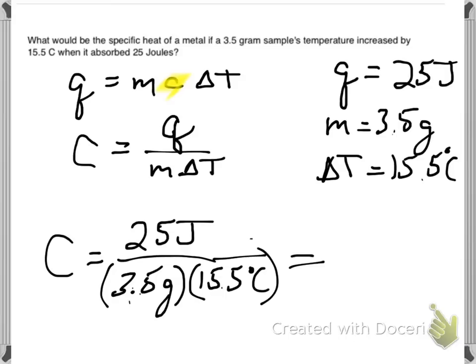And the value I'm getting when I solve is 0.46. And we bring the label over, and nothing cancels, so it's joules per gram degrees Celsius. And that's how you solve that particular type of problem where it's asking for a specific heat.